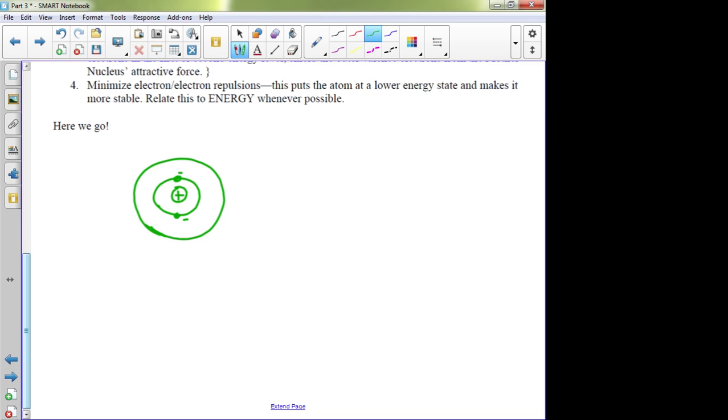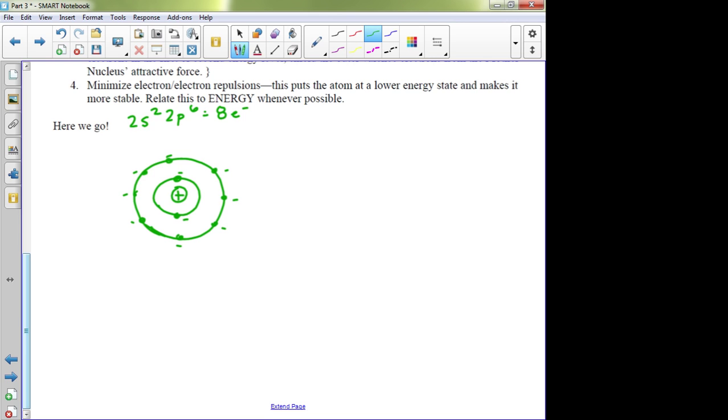I can fit 8, because in energy level 2, I've got 2s2, 2p6. So that's a total of 8 electrons, right? So then I fit 1, 2, 3, 4, 5, 6, 7, 8. And all of these are negative.